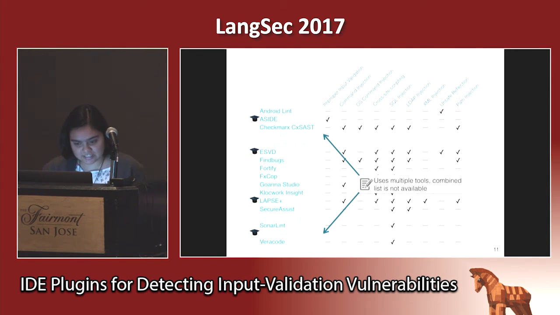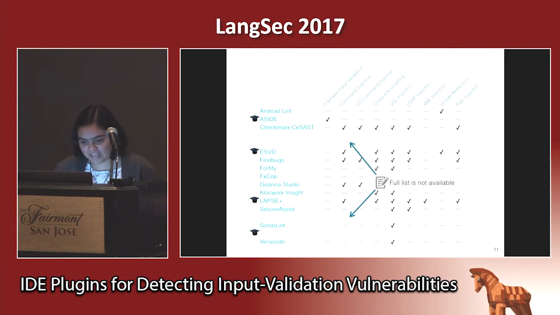For these two, they actually use multiple analysis tools and then provide a combined result, but a combined vulnerability check list is not available, so we could not verify which checks they perform. And for these two, the full list of checks is not publicly available.